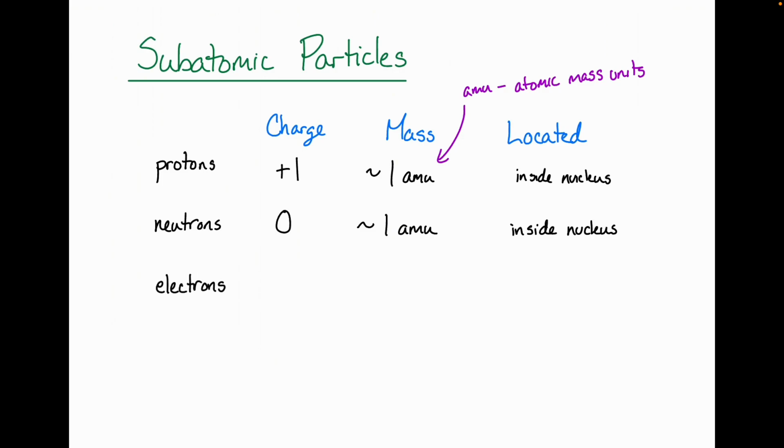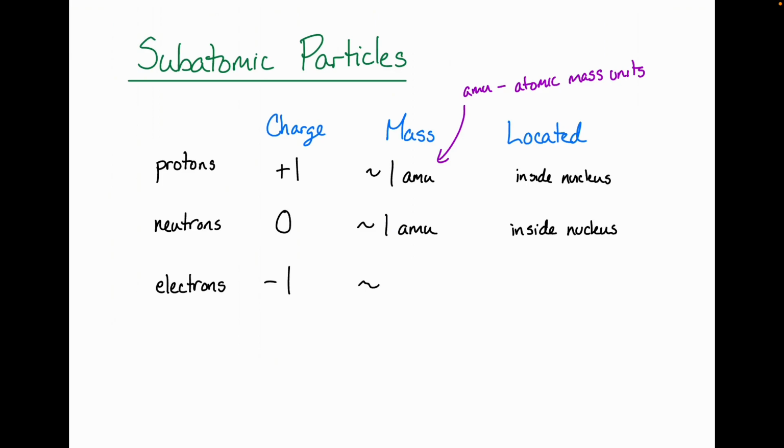All right, and then the last one, electrons. They have a charge of -1. Okay, so they are negatively charged particles. In terms of their mass, they are very different from protons and neutrons in that they are extremely, extremely light. They do have some mass associated with them, but it's dramatically less than either the proton or the neutron.